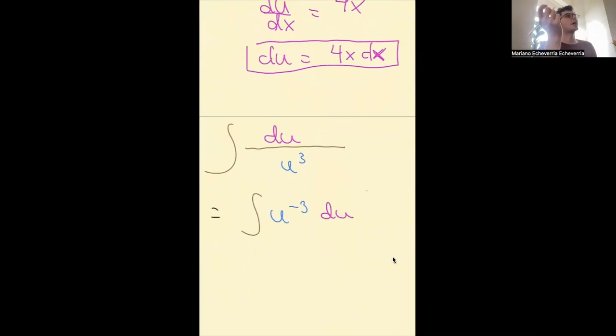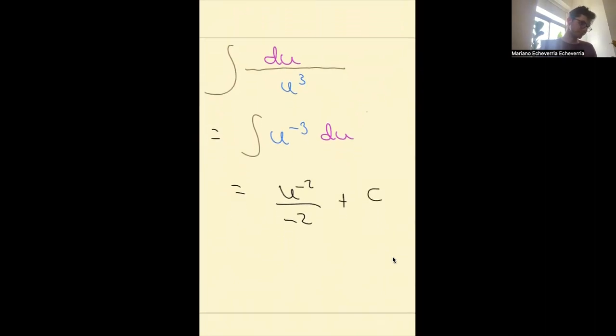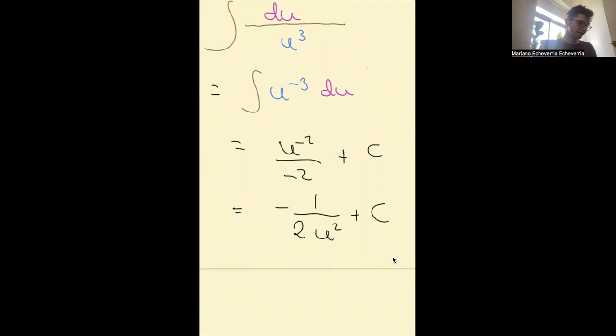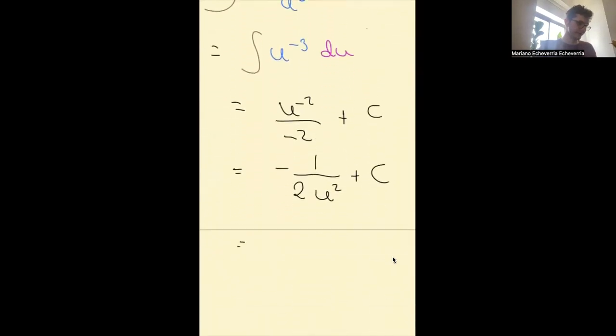And again, you add 1. The exponent increases by 1 and then you divide by that. So you get u to the negative 2 over negative 2 plus constant. So you can write this as minus 1 over 2u squared, but u was 2x squared plus x plus 3.